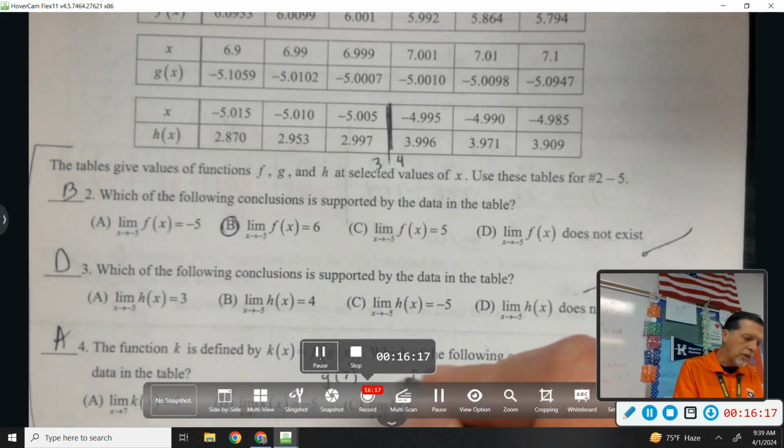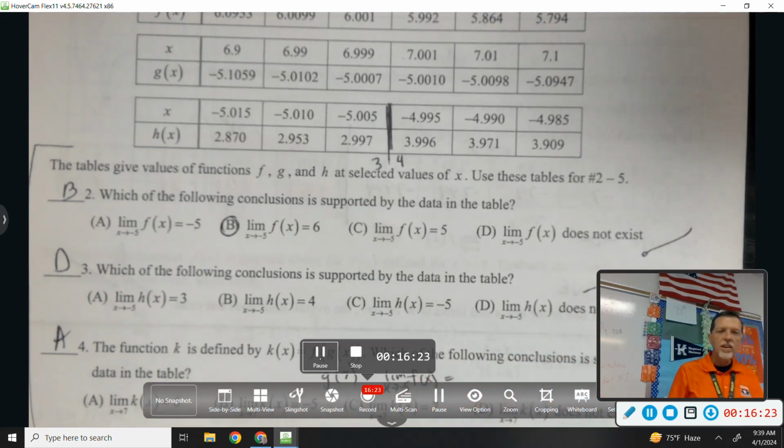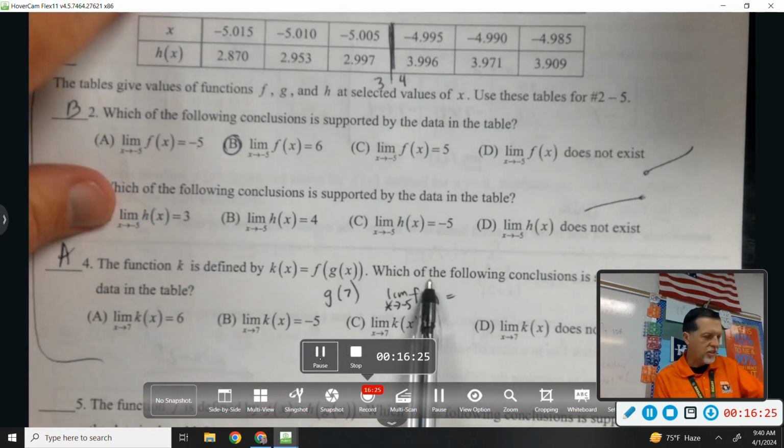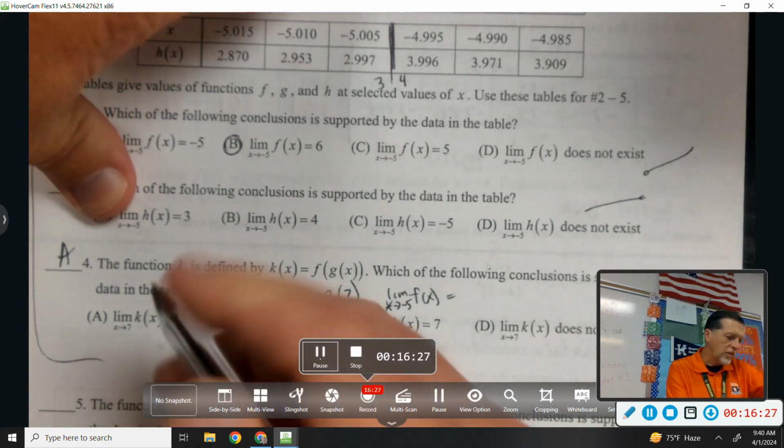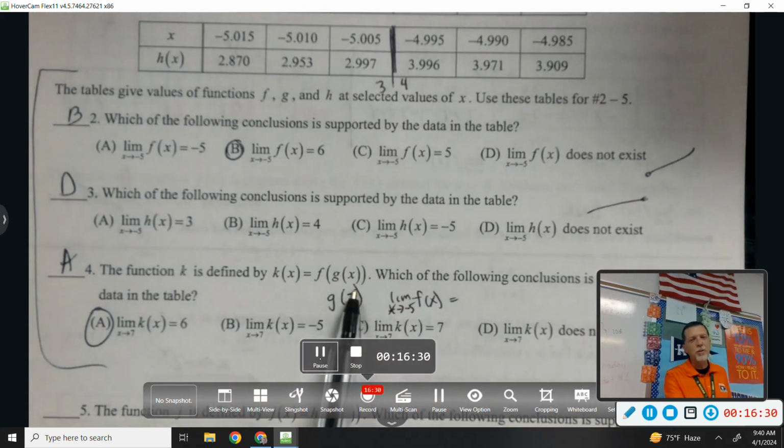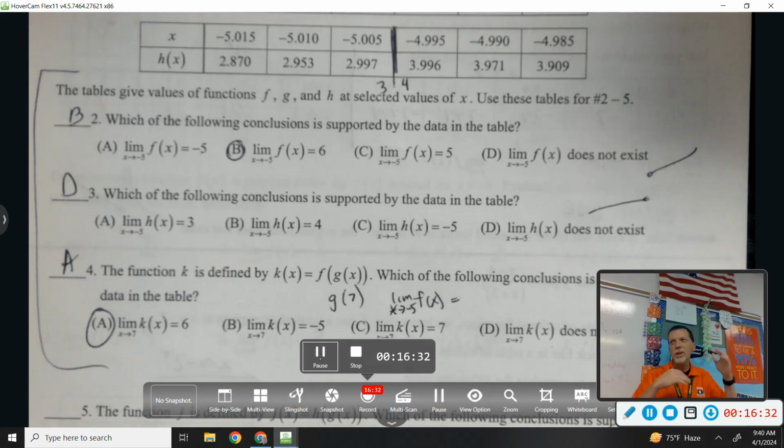And so then we want the limit as x approaches negative 5 for f of x. So we switch over to our f function, and we're approaching 6. And this is one that could have been one of those weird ones about, well, it's always below or above and which side, but it didn't matter because it would approach 6 either way. So that was a straightforward one.